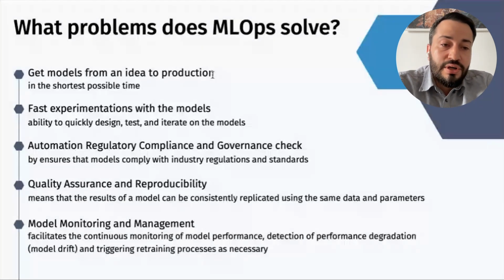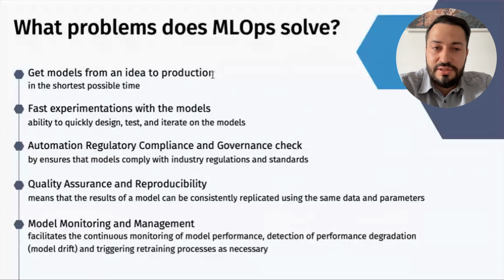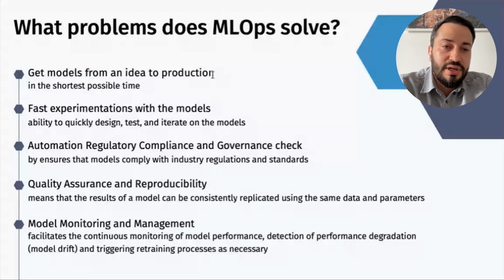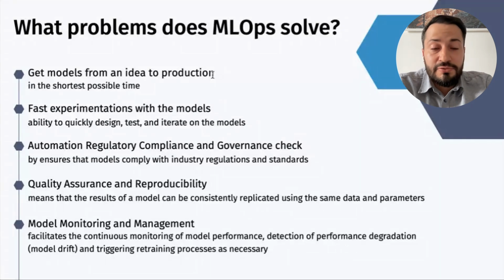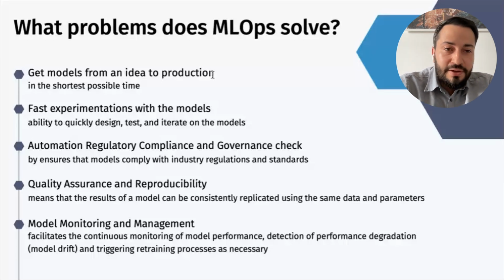Quality assurance is another huge topic, and here we can simplify the process to test much faster and in an easier way. And of course, we need to monitor these models to understand when we need to retrain them, ideally to do this automatically, and to manage it as well.